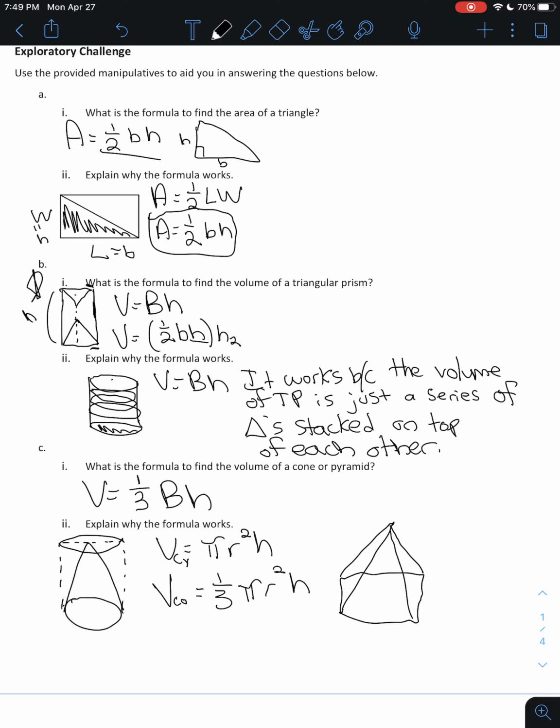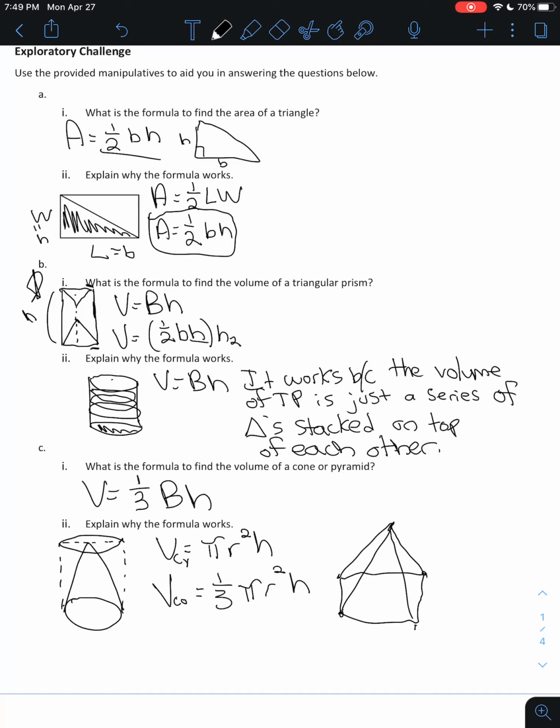A little sloppy there, but you see how you have this square base and sides from each point going towards the center up here. So it's a pyramid, right? And again, it's the same idea. A pyramid is like 1/3 of a cube. I won't attempt to draw that here, but you could imagine that.